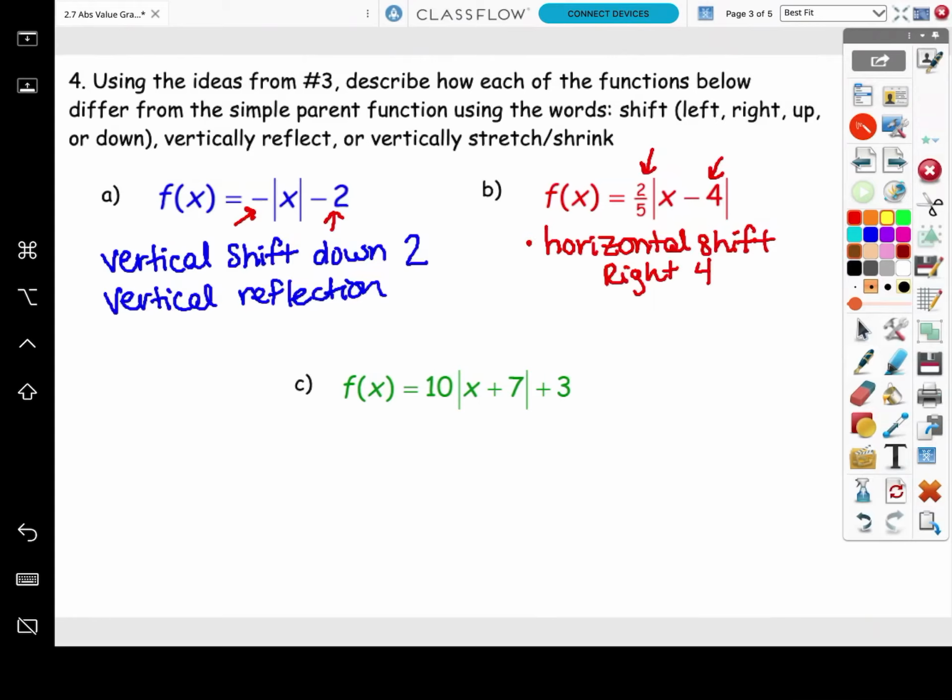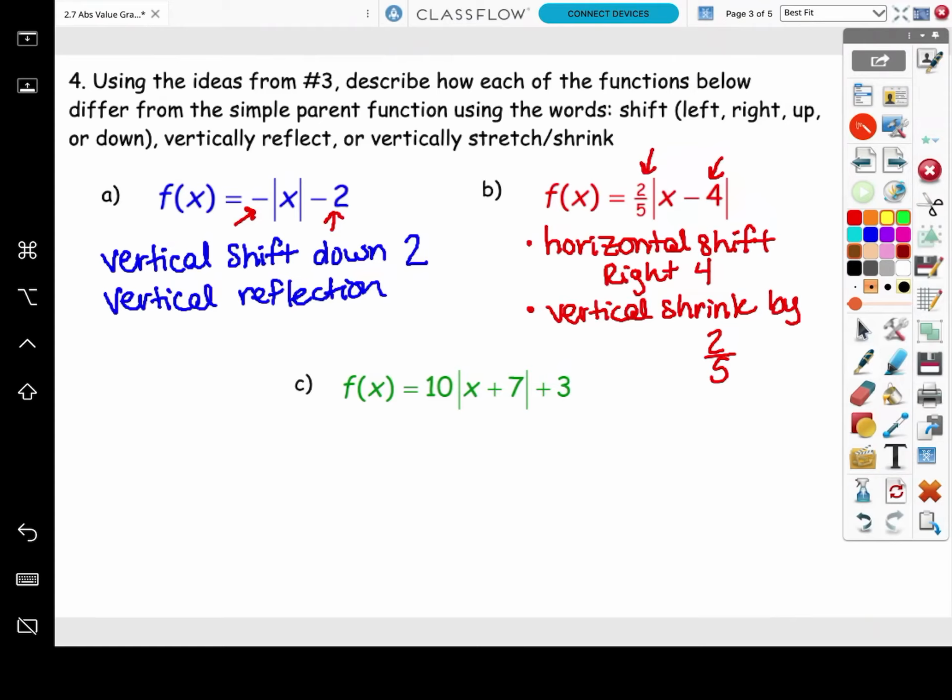And then we have that 2/5 on the outside. Okay, and 2/5 on the outside is going to be a vertical shrink by 2/5. So it's kind of going to be like we put a weight on top of it and squished it, flattened it out. Okay, so anytime that a value is less than 1, we will have a vertical shrink.